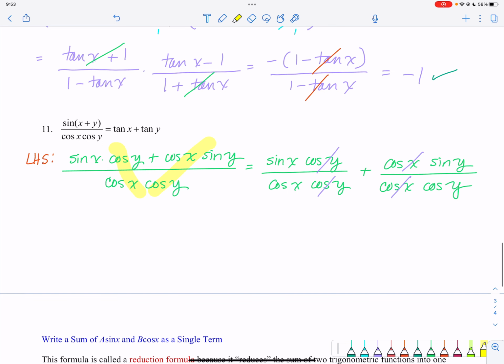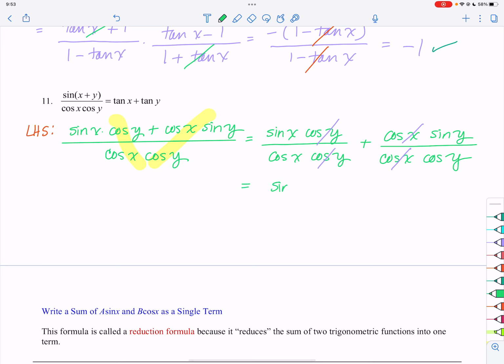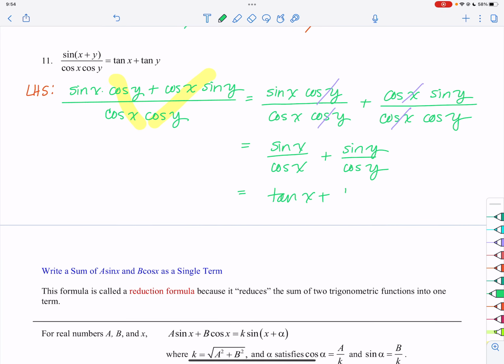Each one of the terms in the numerator shares that denominator. So that is actually equal to the sine of x divided by the cosine of x plus the sine of y divided by the cosine of y. And that worked out nicely. We have the tangent of x plus the tangent of y, and that is what we were trying to find.